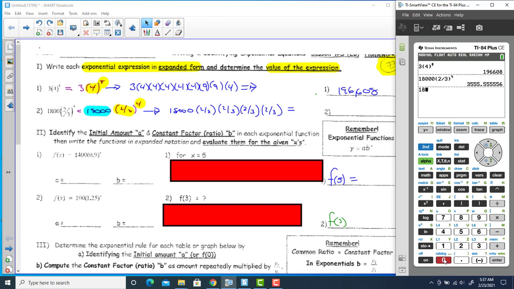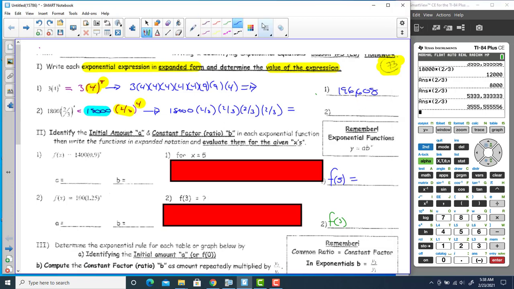So you could have done 18,000 times 2/3. And you could have repeated that process times 2/3. And now it's stored in your calculator, and you could have hit enter 2 more times. And I'll round that to the nearest whole number amount. So we'll identify that as 3,556 to the nearest whole number.